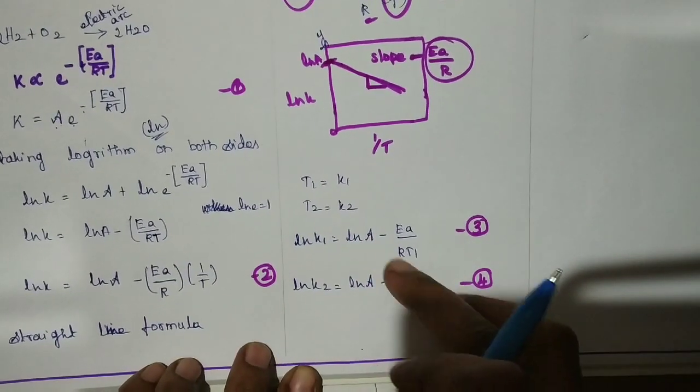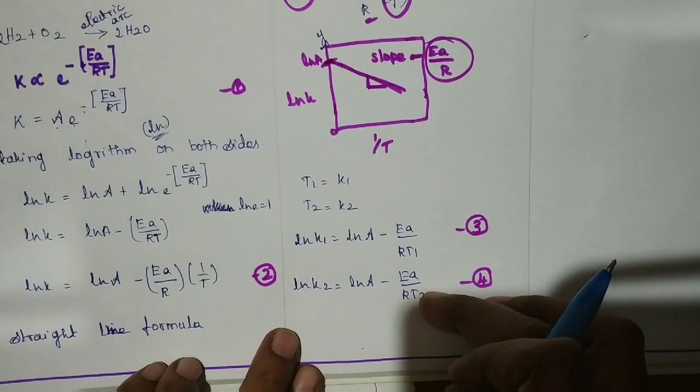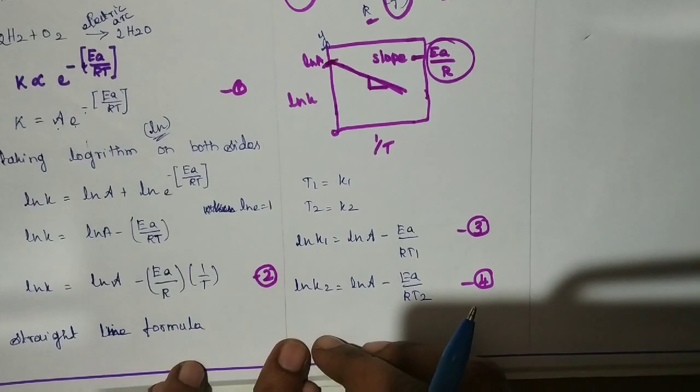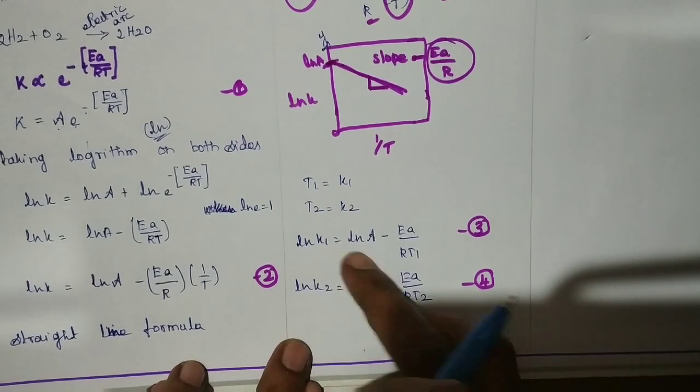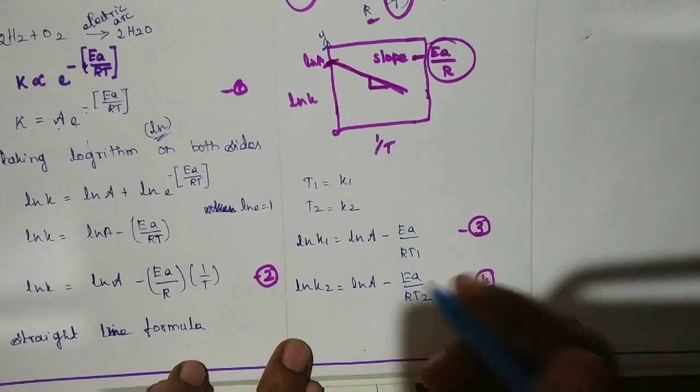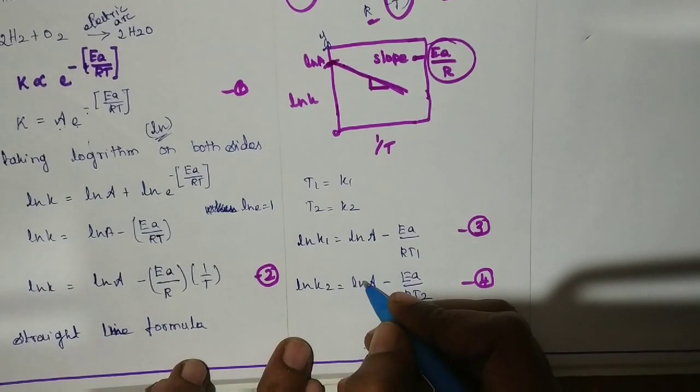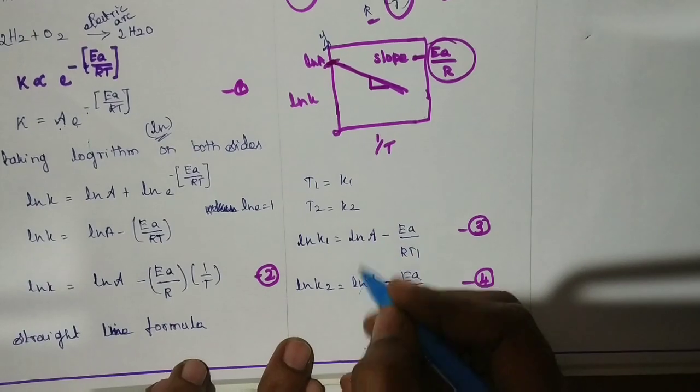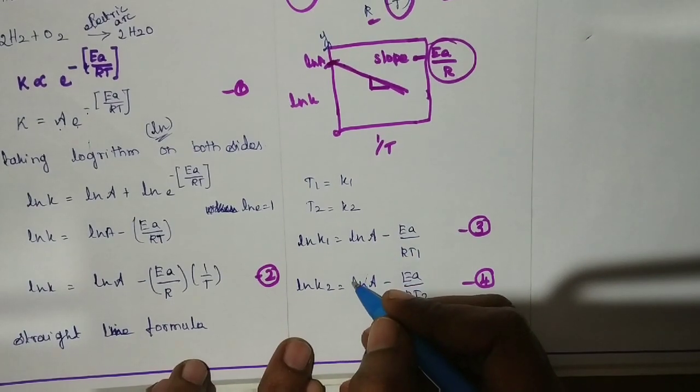Next, comparing both equations 3 and 4, ln A and ln A both are cancelled.